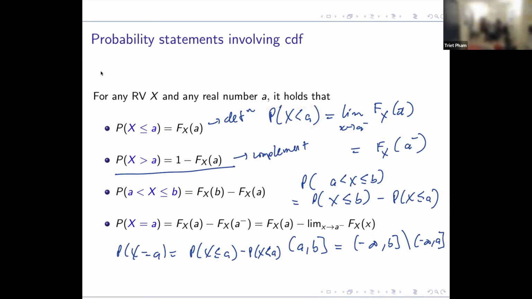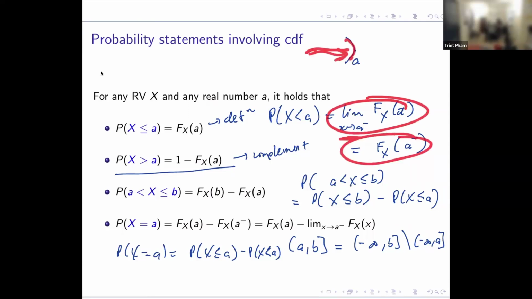Basically, you are looking at all values less than A, but close to A, from the left. If X is less than A, here's A. Less than A is exactly getting close to A, but not equal to A. So that's why you're approaching A from the left, and you will capture all probabilities close to A or less than A, but not exactly A. Do you understand? Okay. Any question?